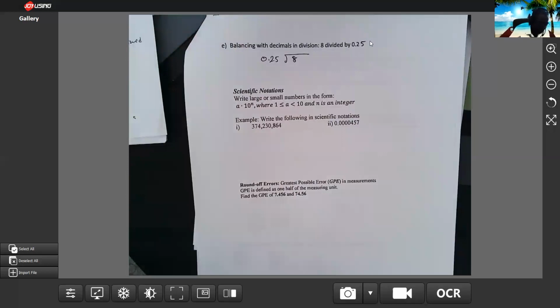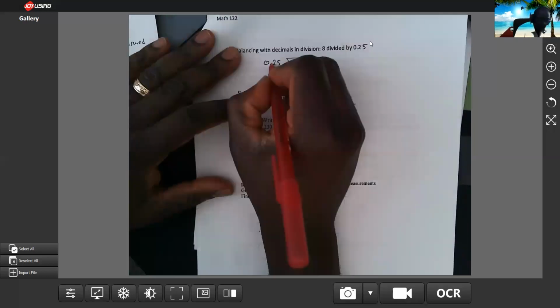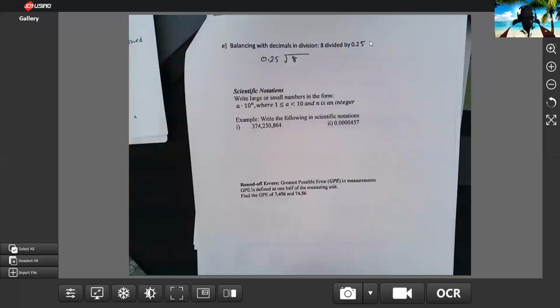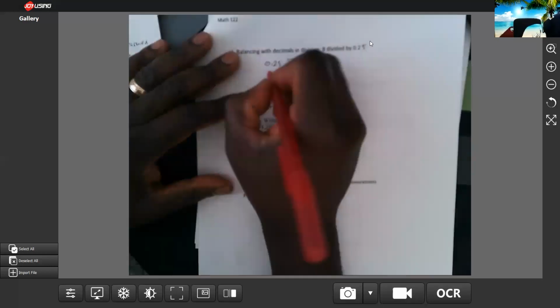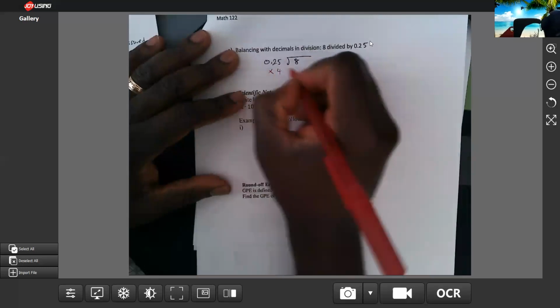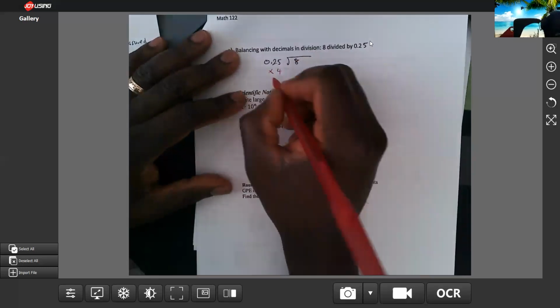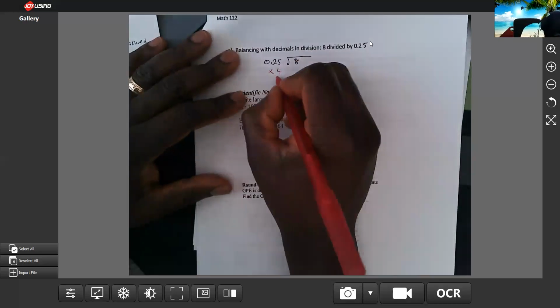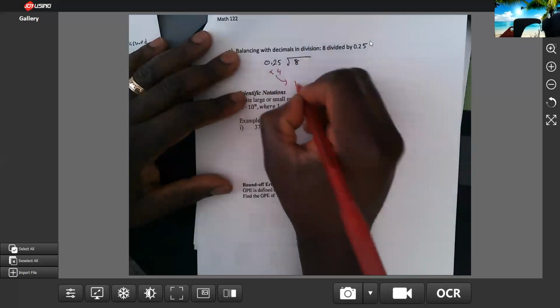Okay, I know if I have 25 cents, think of it like money, 25 cents, I have 4 of them, 4 quarters is $1. All right, and if I'm dividing any number by 1, that is very easy, right? So mentally, let's multiply this by 4. Okay, if you multiply this by 4, that becomes 1.